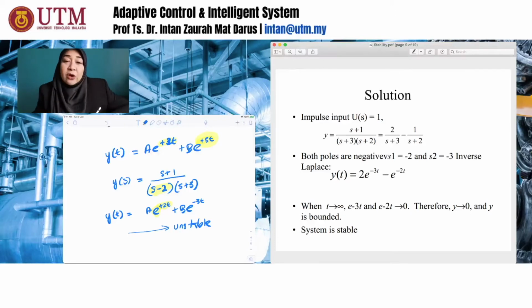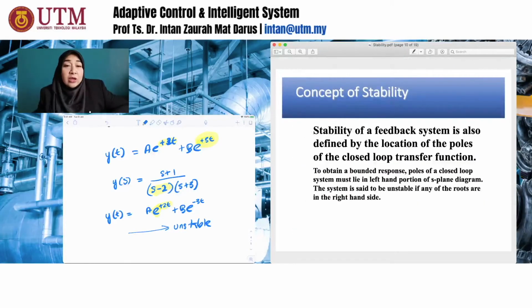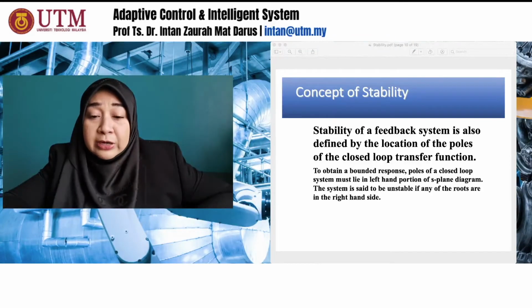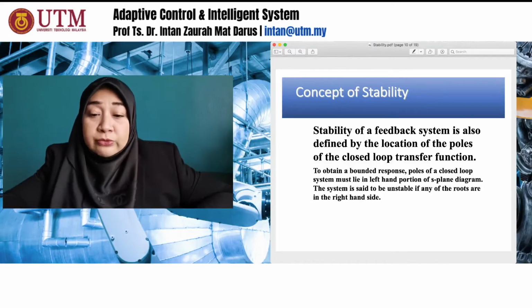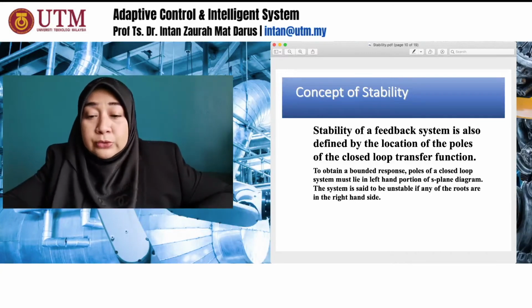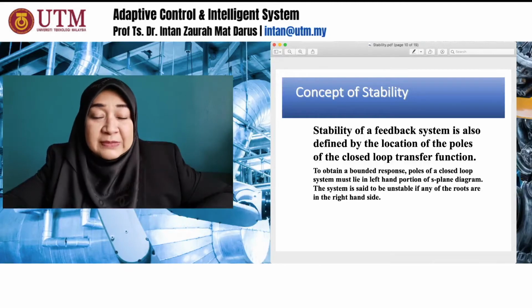There's another way of checking if the system is stable or not, by defining your poles. The stability of a feedback system can also be defined by the value of your poles. So let's have a look at the value of poles. What does it mean? To obtain a bounded response, the poles of a closed loop system must lie in the left hand side of the S-plane diagram.